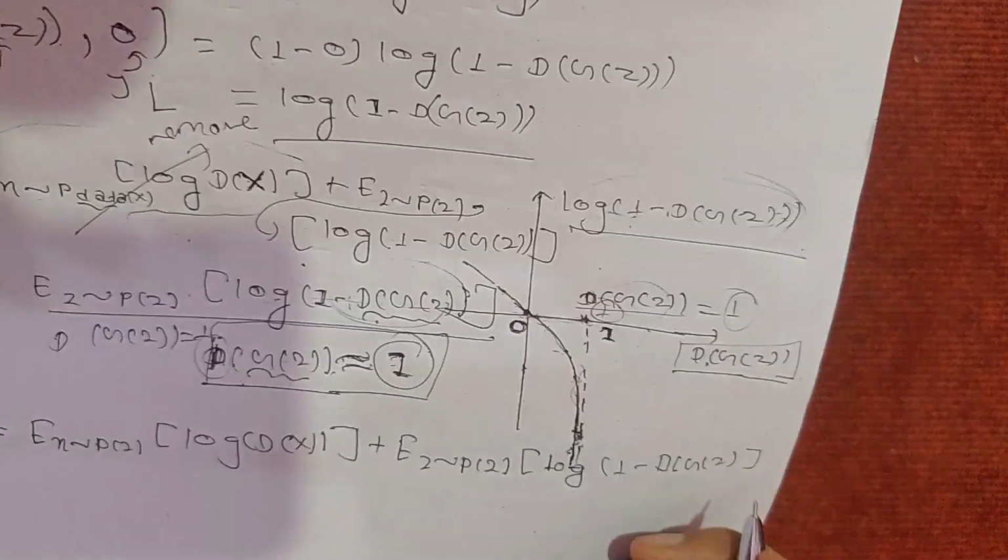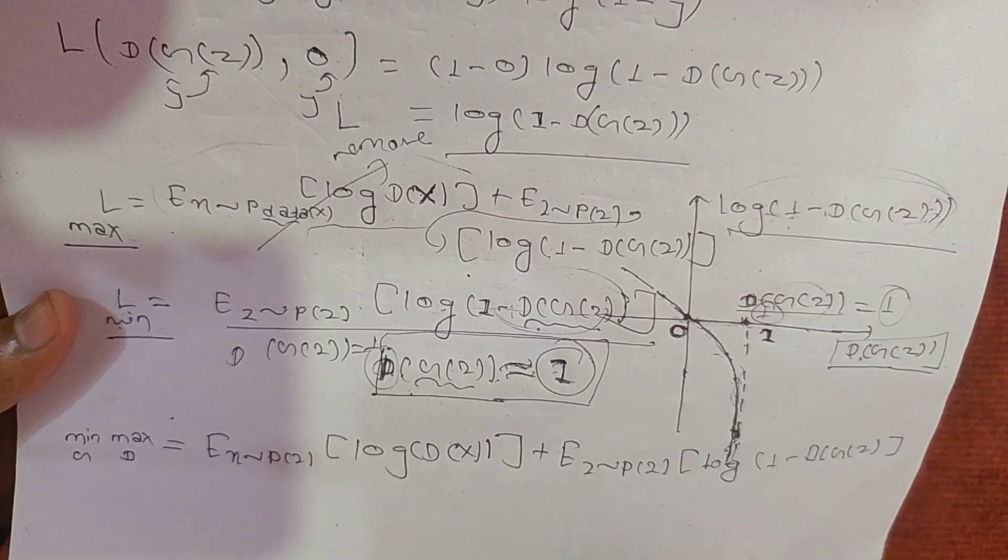This is the min max loss. For the generator we want to minimize it. Guys, this is our entire objective, you can see here, isn't it?